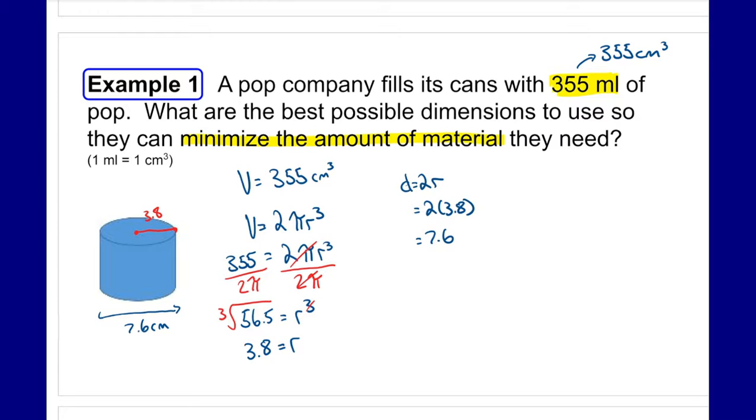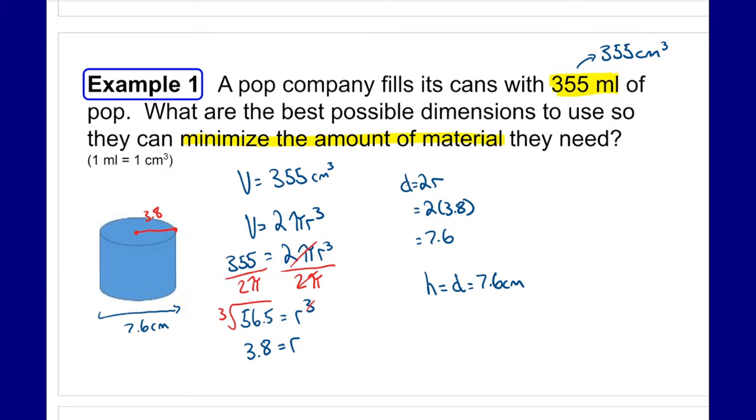And because this is the optimal shape, because we're looking at the minimum amount of material, we know that the height has to equal the diameter, which we just found was 7.6 centimeters. So in order for a pop company to minimize the amount of material they need for their pop cans, given that each can holds 355 cubic centimeters, the height and the diameter should be 7.6 centimeters.